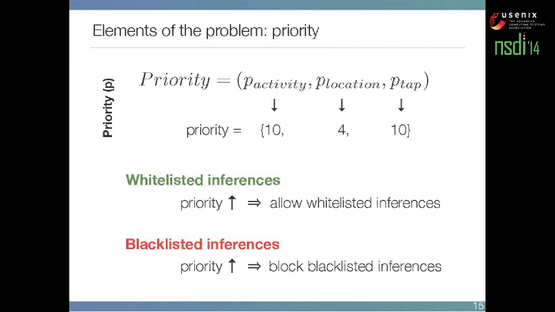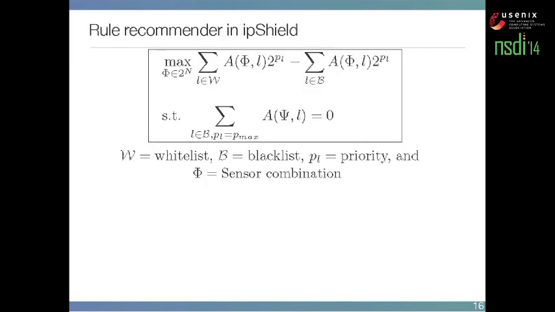For a whitelisted inference, a higher priority indicates that the user really wants this inference to get through, or in other words, is willing to tolerate less utility loss when it comes to this particular inference. And in terms of a blacklisted inference, a higher priority indicates a higher desire to block that inference. And we allow the user to set the priority to the highest value, and when he does that, it's an indication to the system that the user wants this inference to be blocked and nothing else. So based on these notions, we have the following optimization.